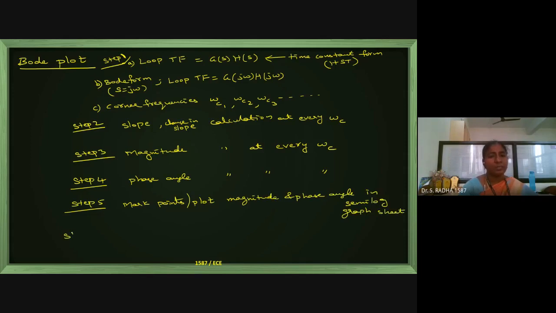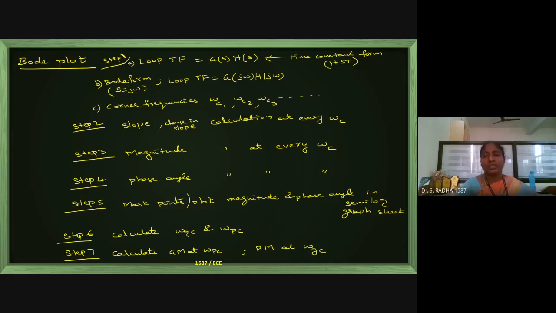Next, in step number 6, we will calculate omega GC and omega PC, the gain crossover and phase crossover frequencies. Step number 7, we have to calculate the gain margin at omega PC, then the phase margin at omega GC.